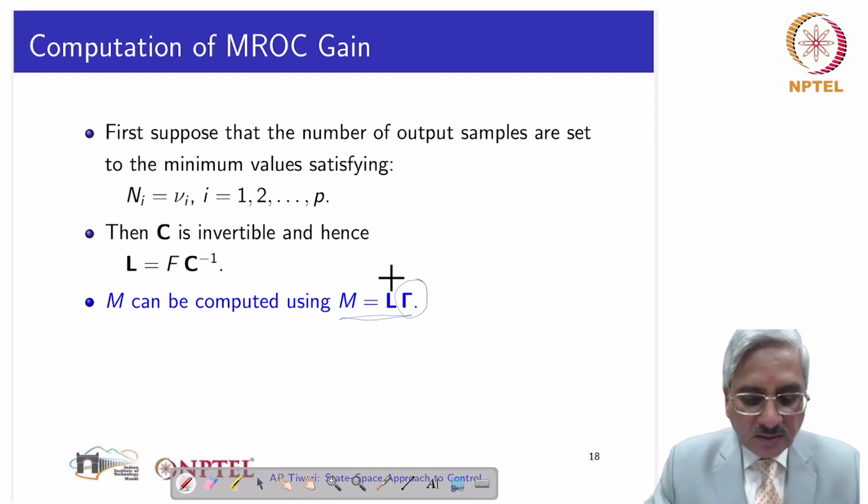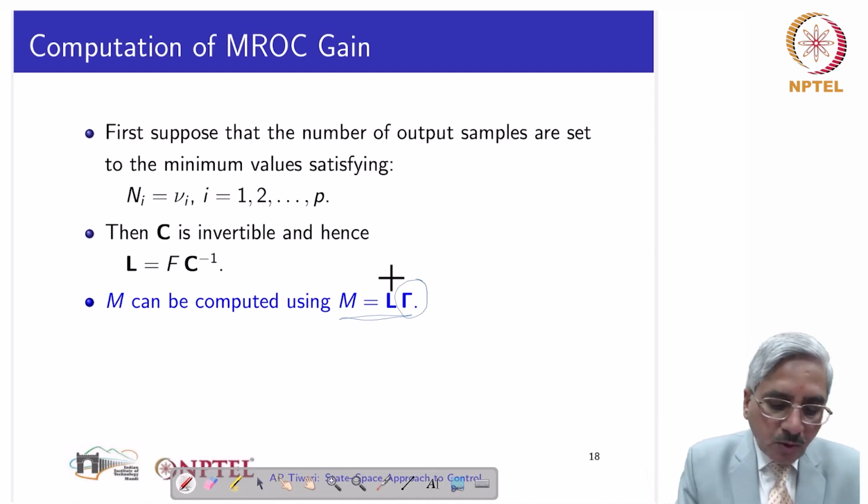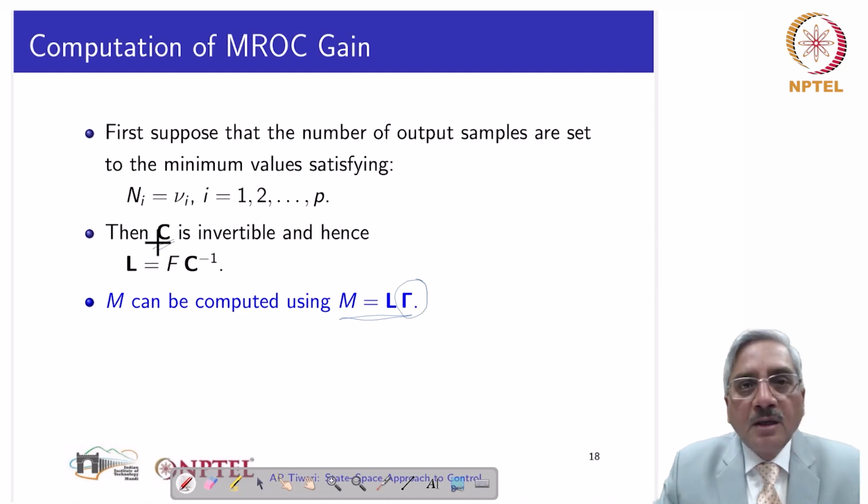So we are first considering the situation that the number of output samples are exactly equal to the corresponding observability indices, N1 equal to nu 1, N2 equal to nu 2, and so on. In that case, the matrix bold C will have equal number of rows and columns, and it will have rank n, which we already stated earlier.